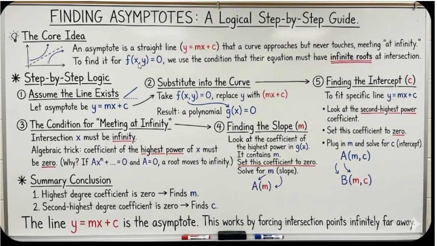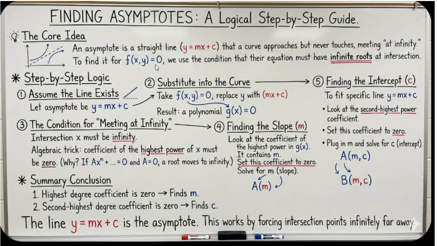To find it for f of x, y, use the condition that the equation must have infinite roots at the intersection. It means that the line y is equal to mx plus c is going to touch the curve f of x, y at infinity.